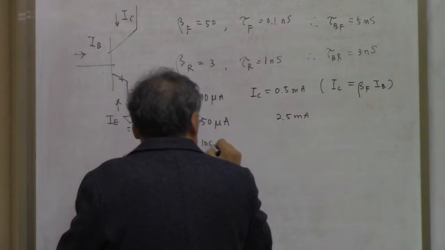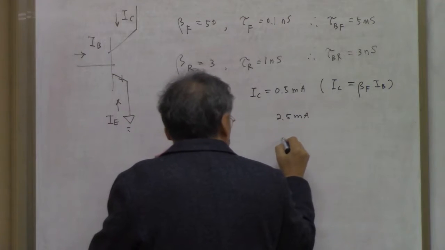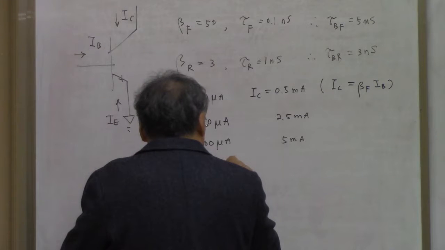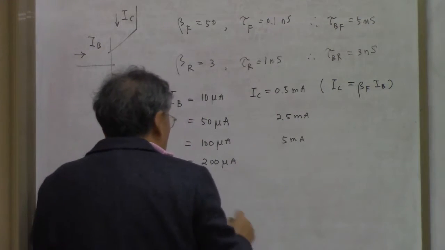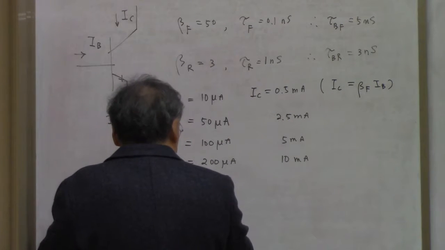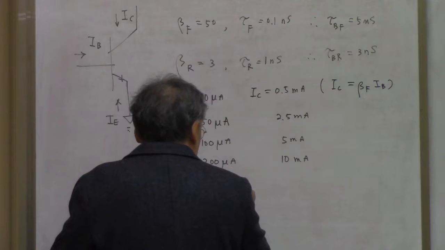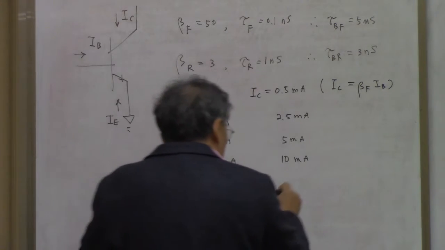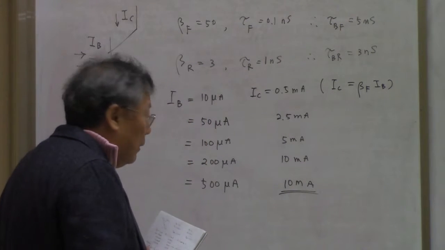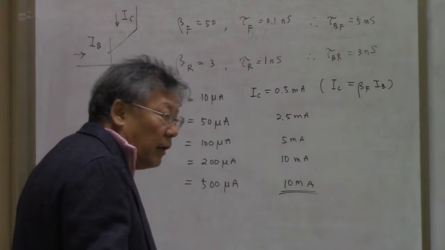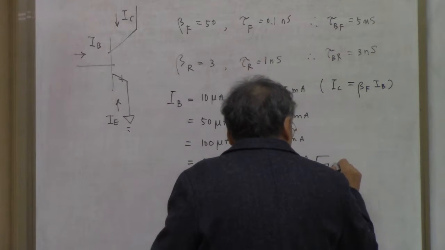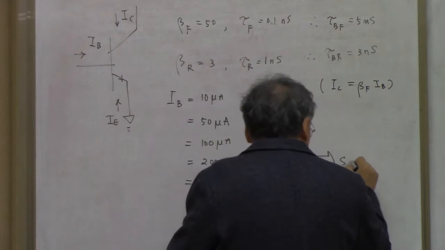And 100 microamps, it becomes 5 milliamps, okay? And then 200 microamps of base current gives 10 milliamps. Now, if you increase further to 500 microamps, you still have 10 milliamps because it is saturated. You don't have any current increase beyond this. So we can set this as a saturation.